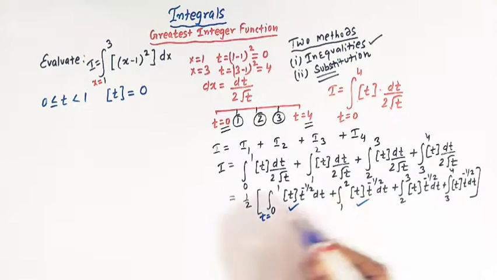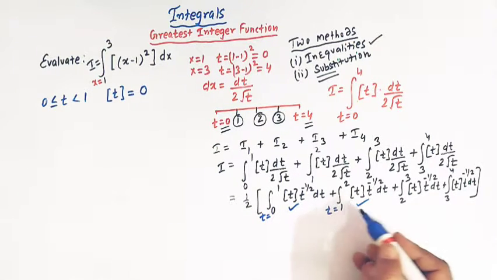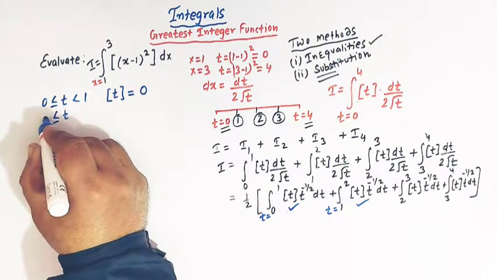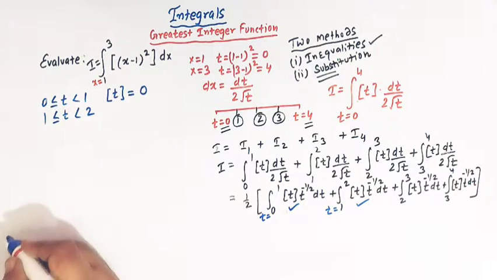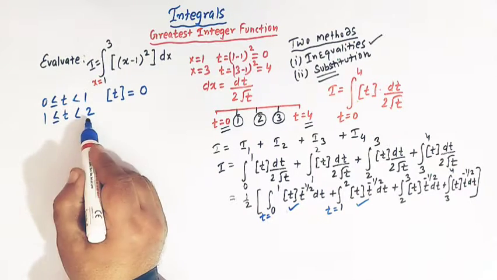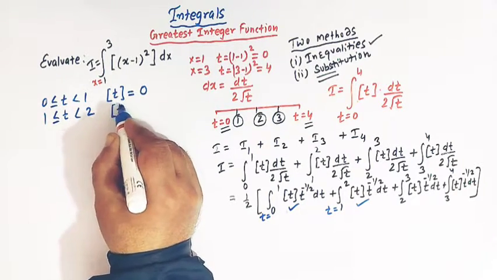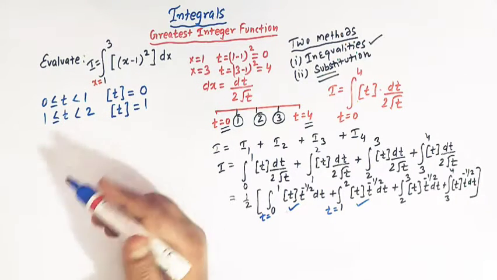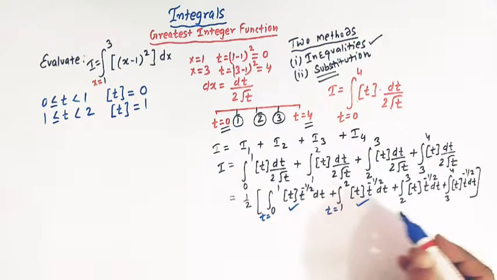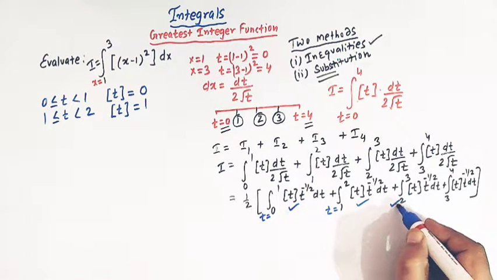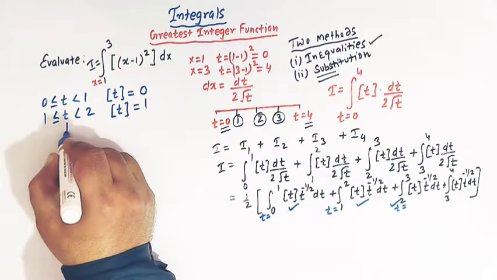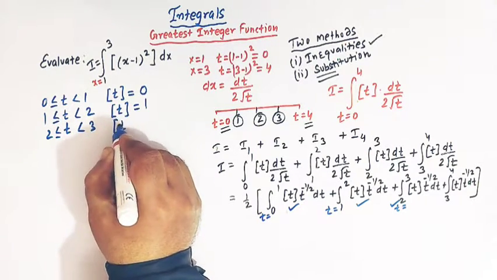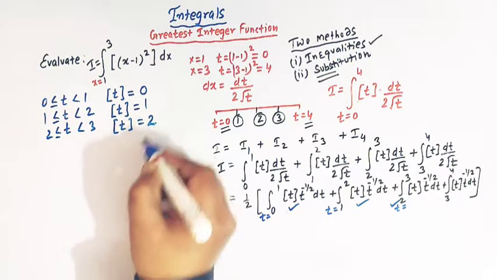Now in the second integral, see the value of t goes from 1 to 2. So t lies between 1 and 2. So when t lies between 1 and 2, then the greatest integer of t should be equal to 1, again by the definition of the greatest integer function. And in the third integral, t goes from 2 to 3, so the greatest integer of t should be equal to 2.